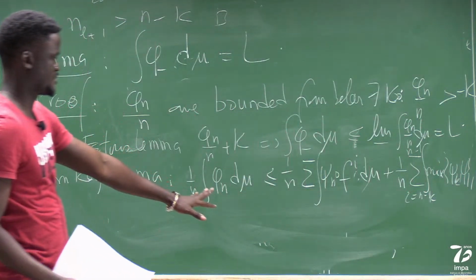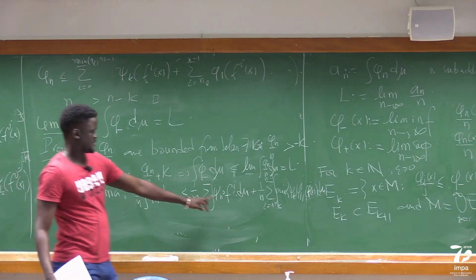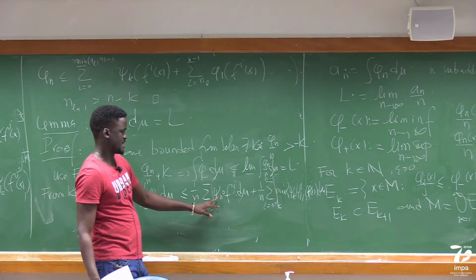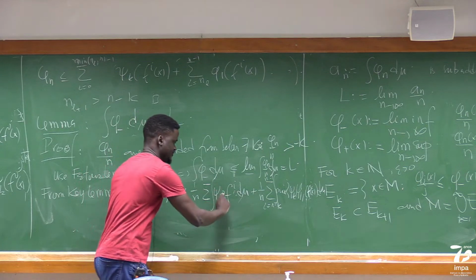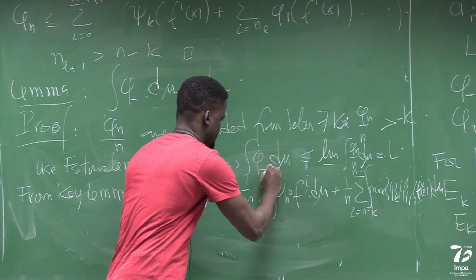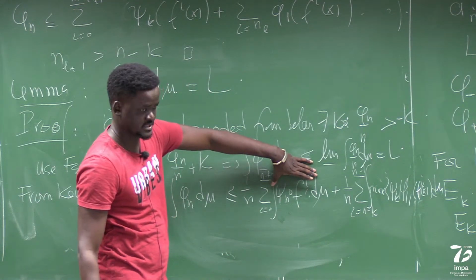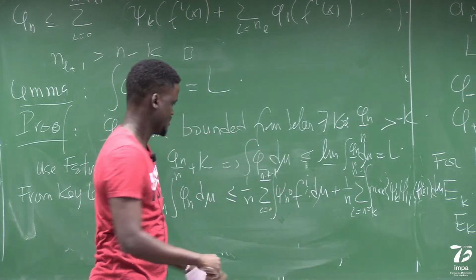This is the crucial step where you use invariance. Because here you use that mu is f-invariant, you write this as just the integral of phi d mu, where i equals 0 to n minus k minus 1. So all these terms being the same is using invariance.